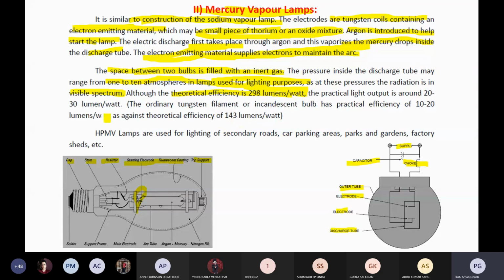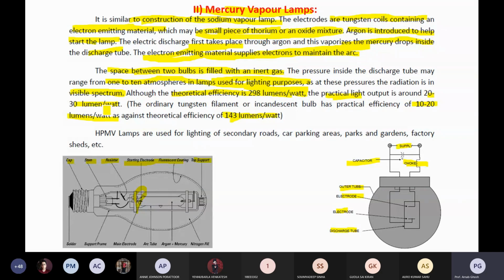That efficiency is also given, normally 20 to 30 lumen per watt, as I am telling you before. The tungsten filament lamp is practically efficient at 10 to 20 lumen per watt. So compared to them, this is more. Theoretical efficiency 143 lumen per watt. Here also the theoretical efficiency is 298 lumen per watt, but practically that efficiency is quite less.